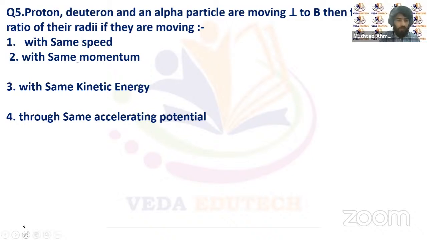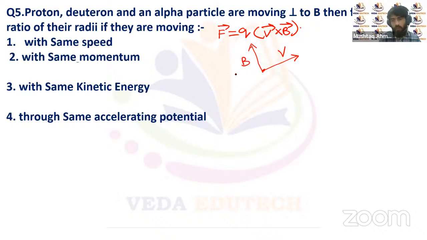Now, we have to calculate the ratio of their radii. Whenever the magnetic force acts on a particle, it is given by QV cross B. If this is the only force acting on the particle, let's suppose the particle has a velocity along this direction, and the magnetic field is perpendicular to it.